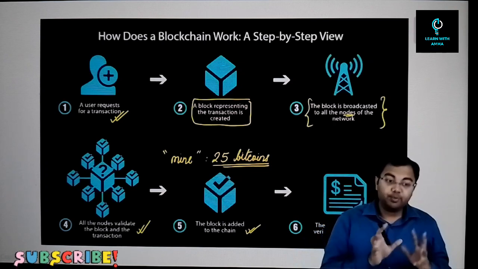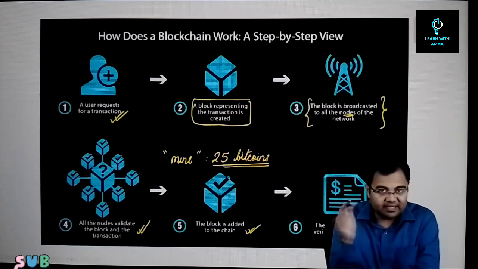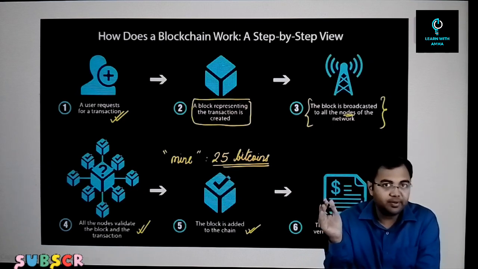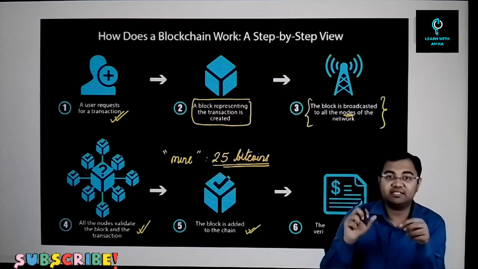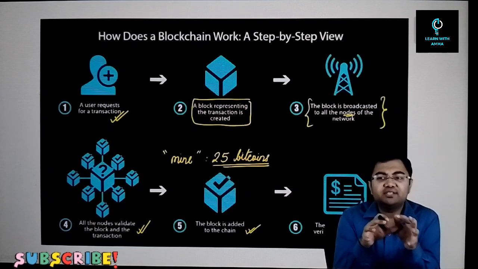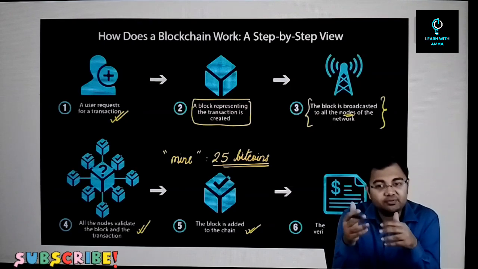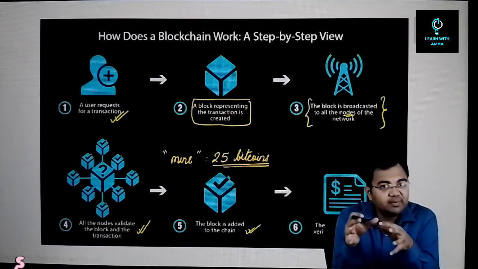Now it is impossible to take out a block from between. Let's say there are three transactions which have happened one after the other. It's not possible for you to pull out one of the transactions from the three. In a very similar manner, it works like an email chain. What happens in an email chain?